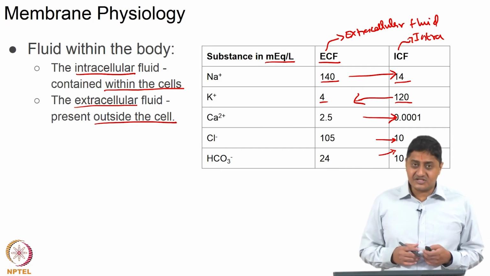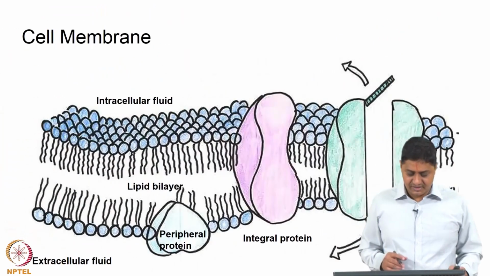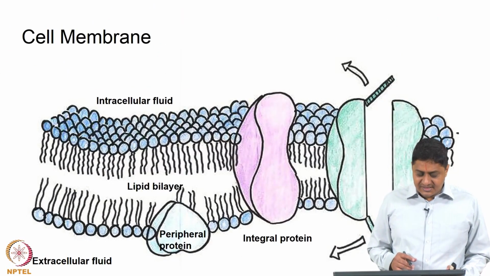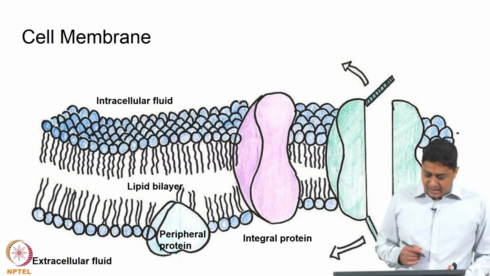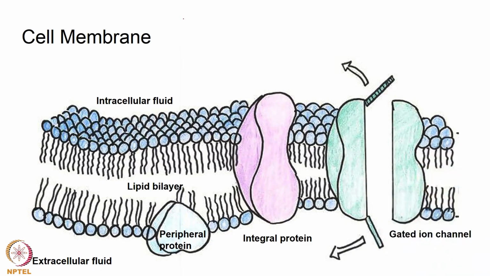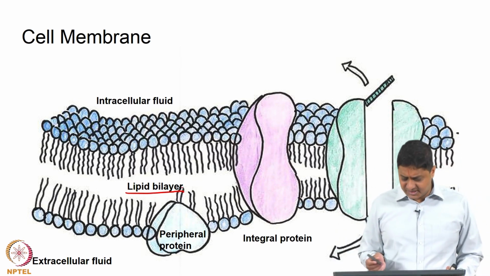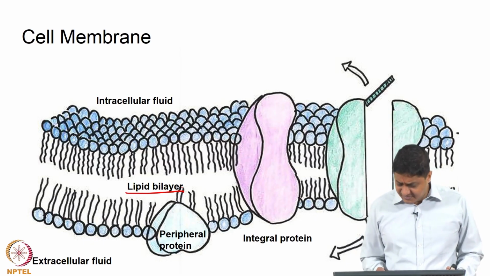How is this transport happening? We will form the discussion for the first few lectures, right. So, there is the cell membrane. The cell membrane is composed of both hydrophilic and hydrophobic substances. This is basically a lipid bilayer, and it also has what are called membrane proteins that are generally classified into multiple types.